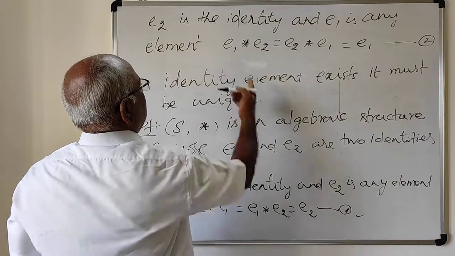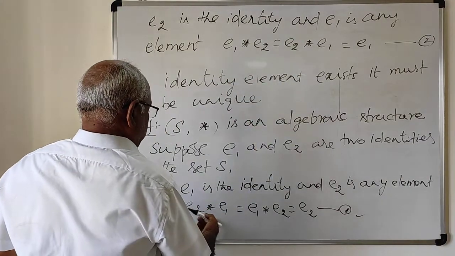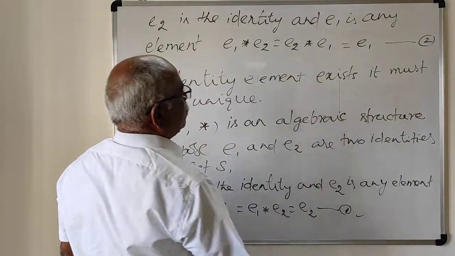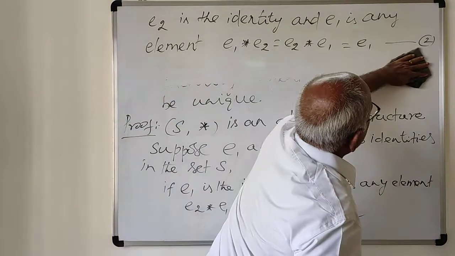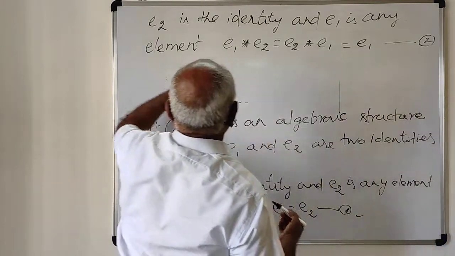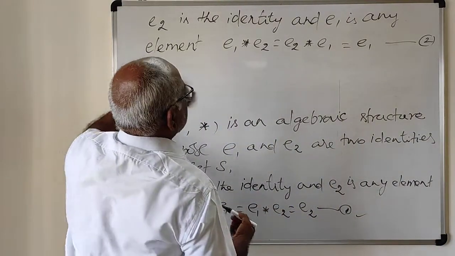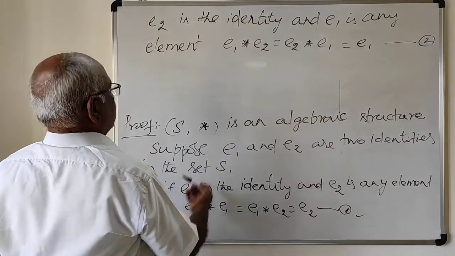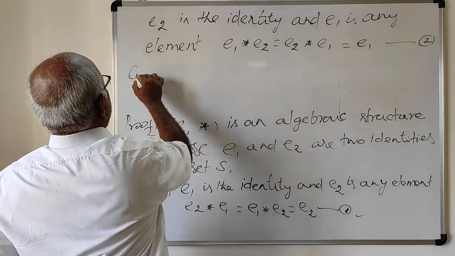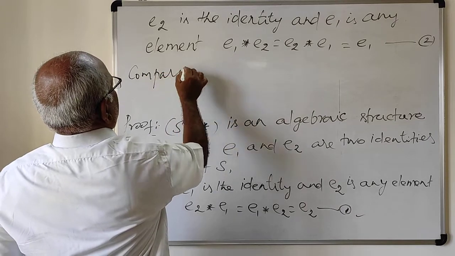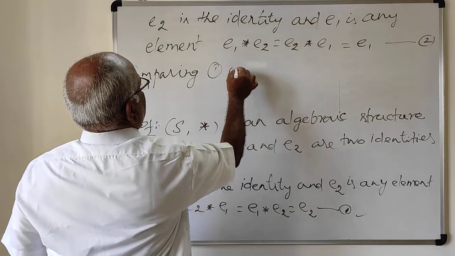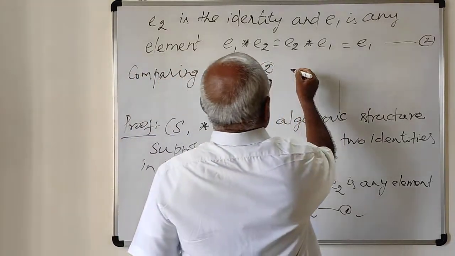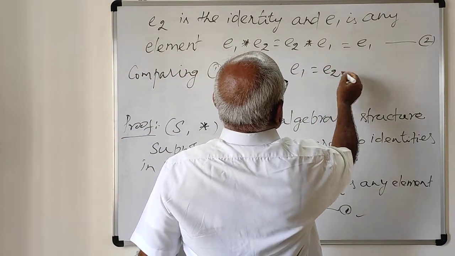Comparing equations 1 and 2, the left hand sides are equal: E1 star E2 is E2 in equation 1, and E1 star E2 is E1 in equation 2. Therefore the left hand sides being equal, the right hand sides are equal: E1 equal to E2.